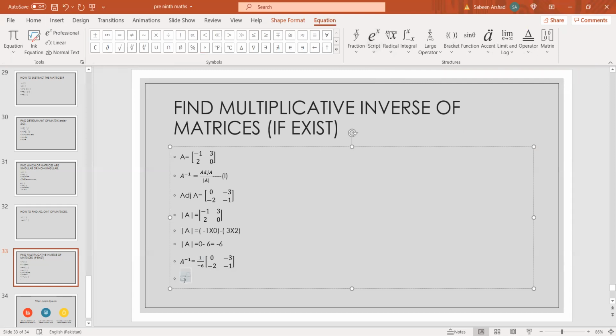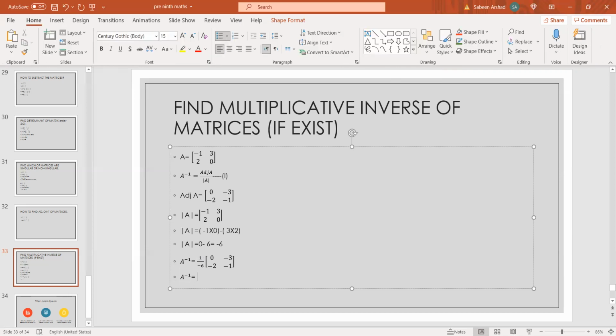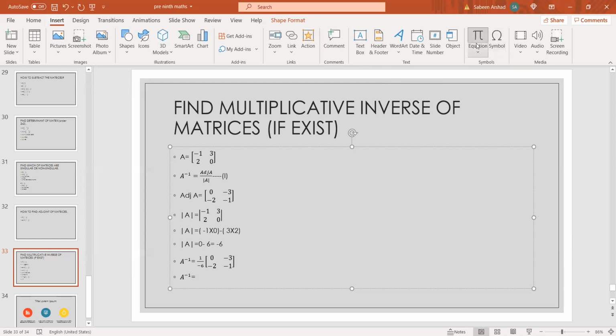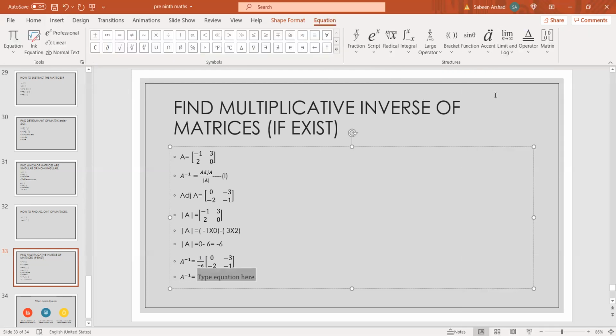This is A inverse, and it is equal to, now choose the matrix, because I'm going to take this -6 inside.